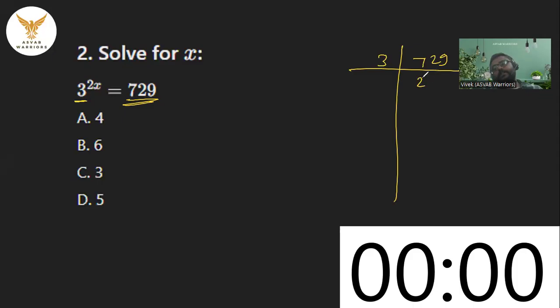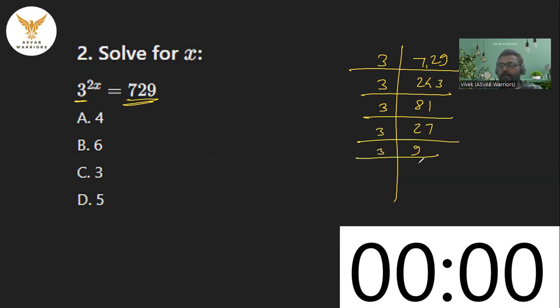What would I get? 243. 243 divided by 3 would be 81. 81 divided by 3 would be 27. 27 by 3 is 9. 9 by 3 is 3. 3 divided by 3 is 1. So I can say this 729 is nothing but 3 multiplied with itself 6 times, which is nothing but 3 to the power 6.